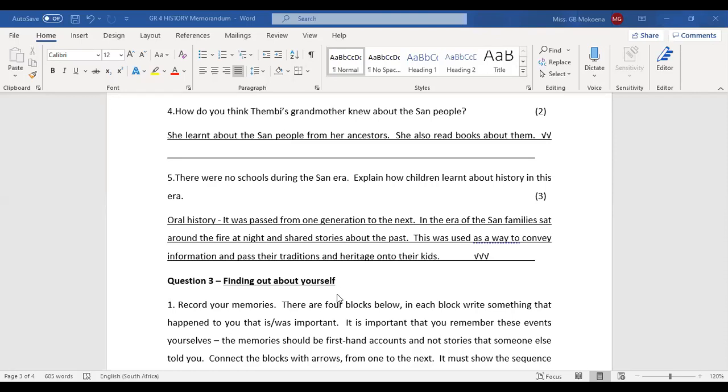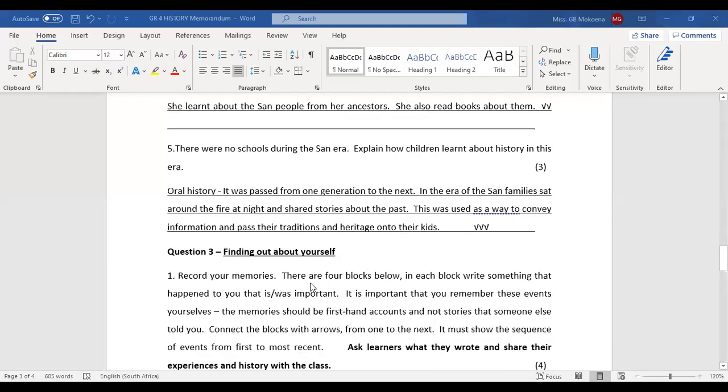This was used as a way of conveying information, and passing their tradition and heritage to their kids. Telling them about their customs and laws, the things they need to do, the things they don't need to do. In that way, they were doing oral history, passing it from one generation to the other.